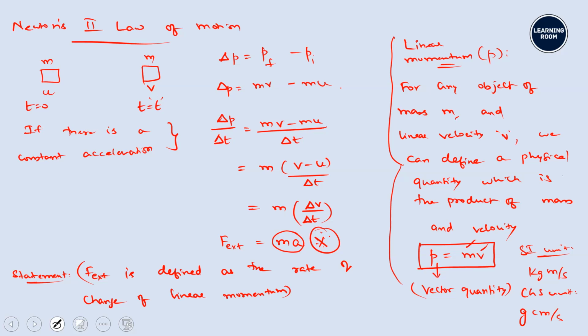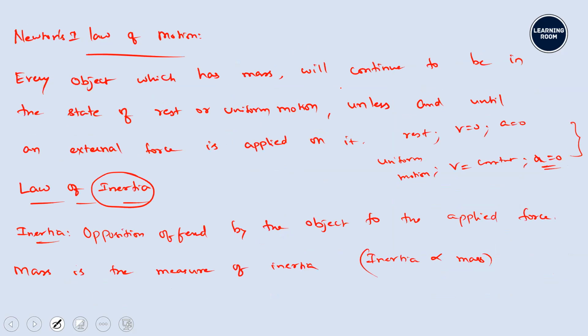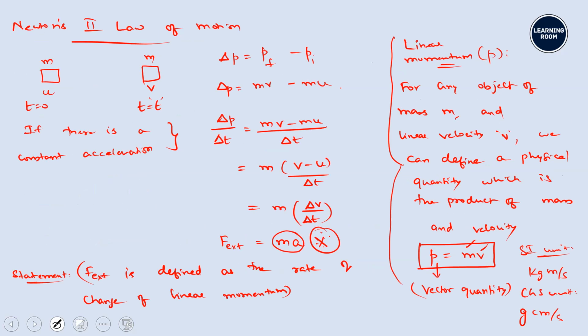In both those scenarios, F external is zero. Then what can you say? That the object is either at rest or in uniform motion. Is it justifying Newton's first law of motion? Because all three laws are proposed by him, he cannot contradict himself. Is that right? So these two are stated and valid by the second law as well.